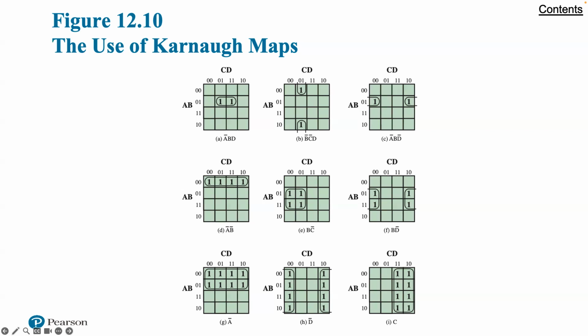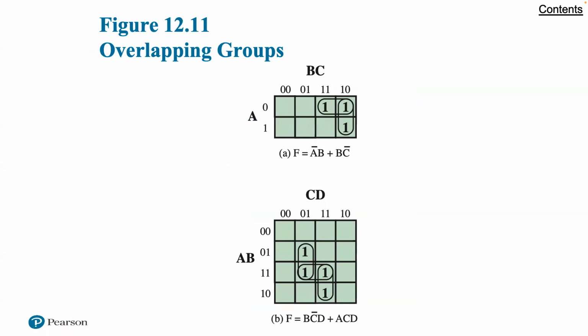Continue to draw loops around single marked squares or pairs of adjacent marked squares or groups of 4, 8, or so on in such a way that every marked square belongs to at least 1 loop. Then use as few of these blocks as possible to include all marked squares. Figure 12.11A, based on table 12.4, illustrates the simplification process.